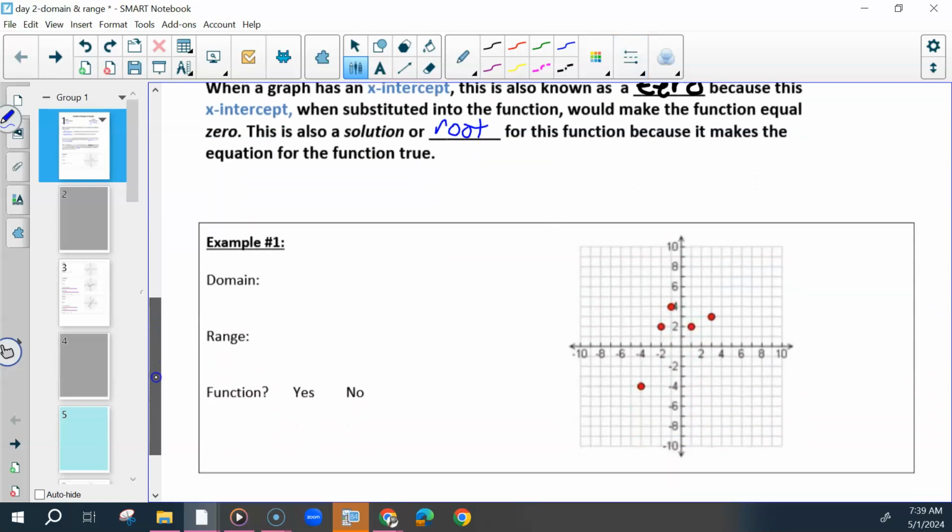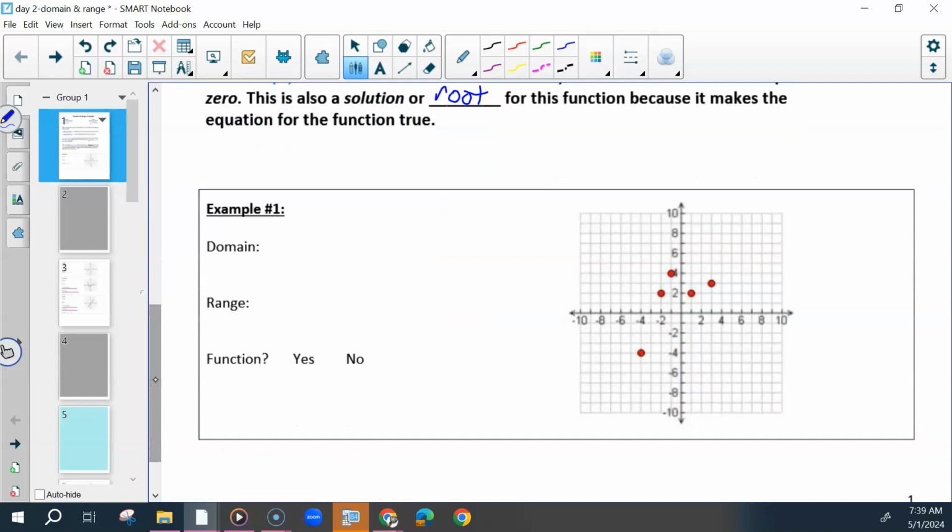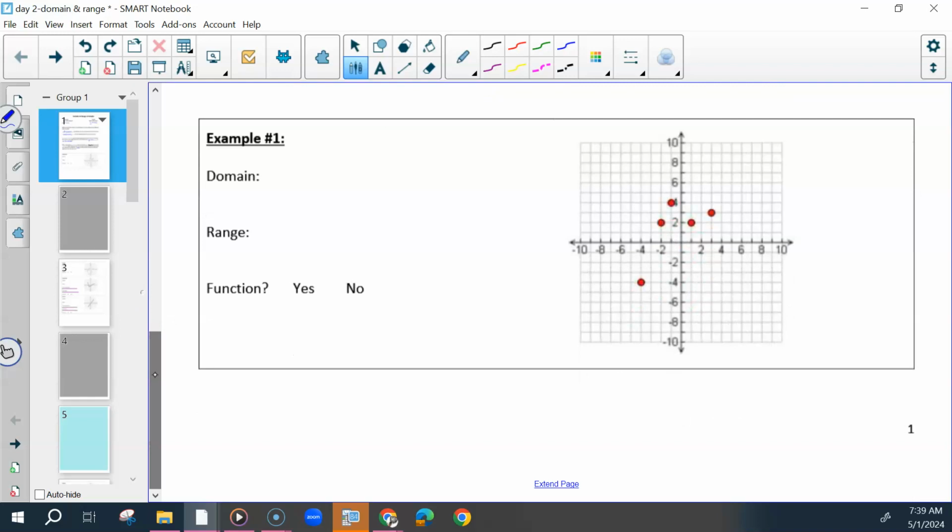So the first couple examples will just be domain and range. Is this a function, tying into the relations and functions? And then the ones after that will also ask about x and y intercepts. Because we first have to decide, is this discrete or is this continuous?